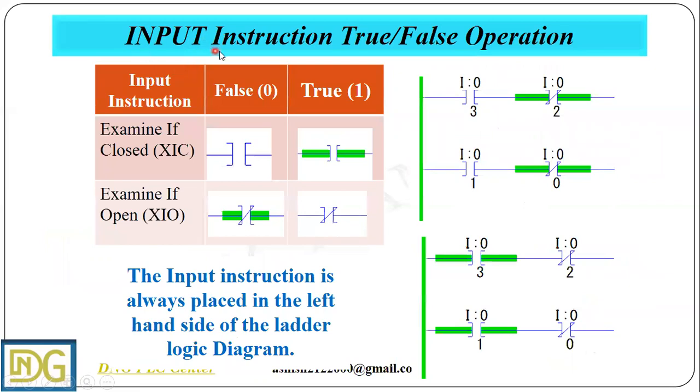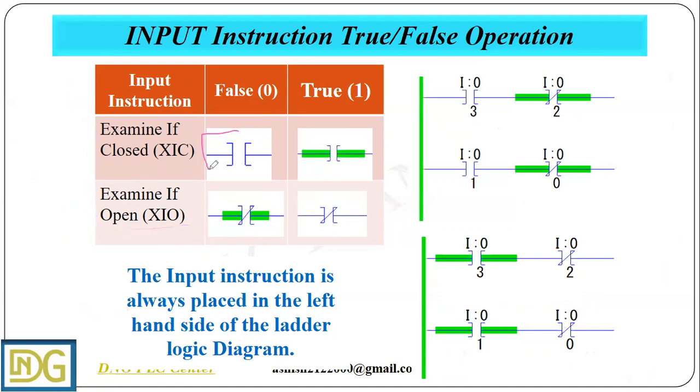So here is the input instruction true false operation, the final step of input instructions. Basically we discuss two types of instructions: one is examine if closed, and the second is examine if open.